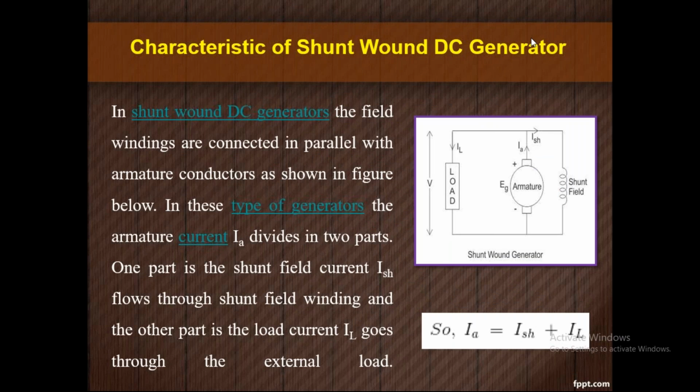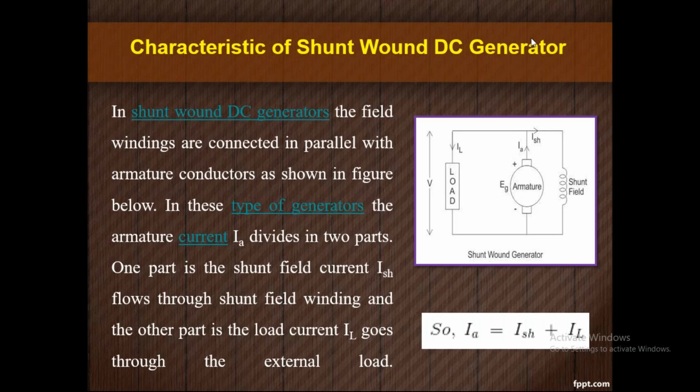Right. So let me see the characteristics of a shunt wound DC generator. Already we know that. So here we are going to draw three characteristics for the different types of generator. One is magnetization characteristics. Second one is internal and external characteristics. So these three are going to be drawn.